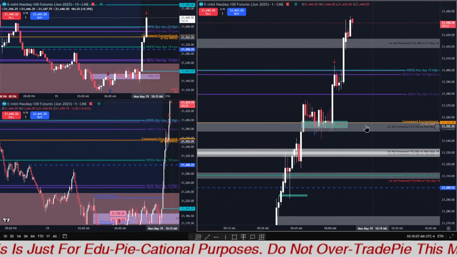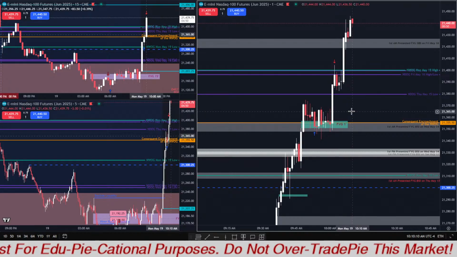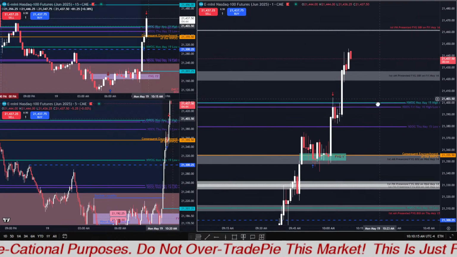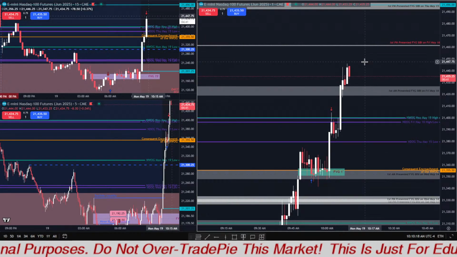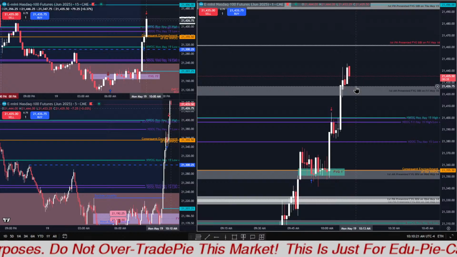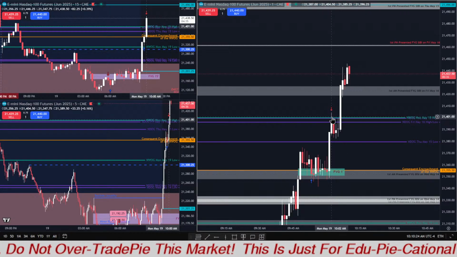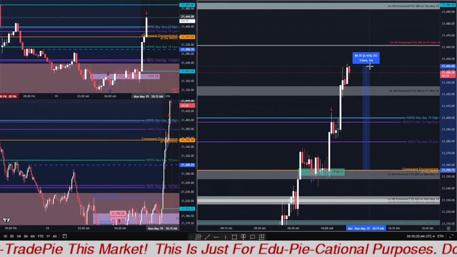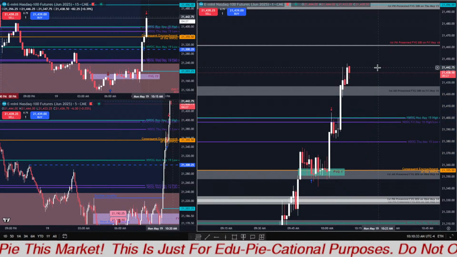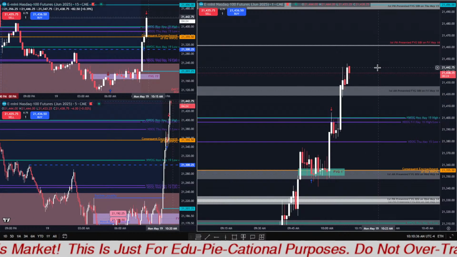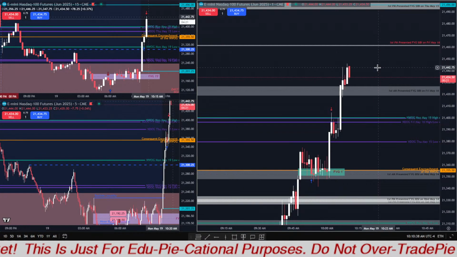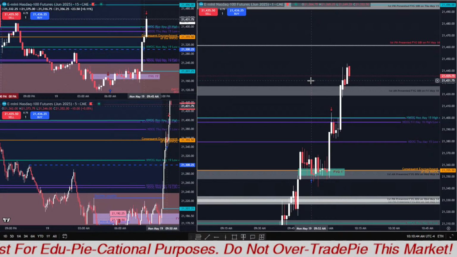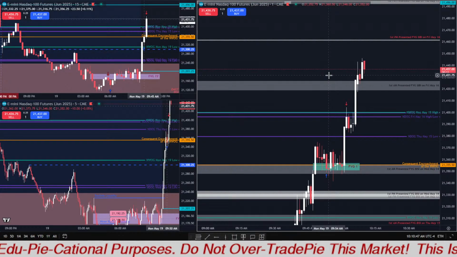I got my position around the consequent encroachment of the new week opening gap and targeted the high of the new week opening gap. And you see it also delivered twice the range to this high of the new week opening gap. But this is not important. If we measure, yeah, you can see it's around 90 handles. That is a very nice move within 10-20 minutes in Nasdaq futures.